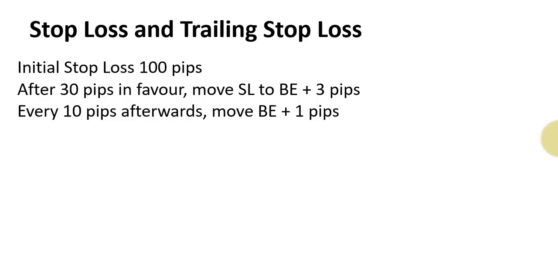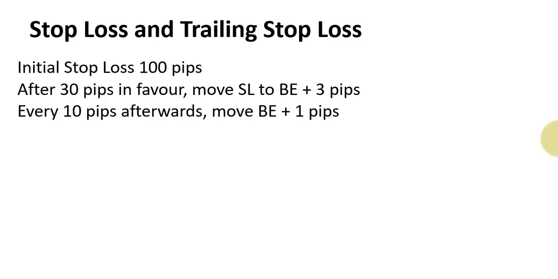For 20 pips, a 2 pip move. For 30 pips profit, a 3 pip move. So you trail your profit by 10% all the time. Continue to do this every 4 hours, or as much as you want, and as soon as possible.